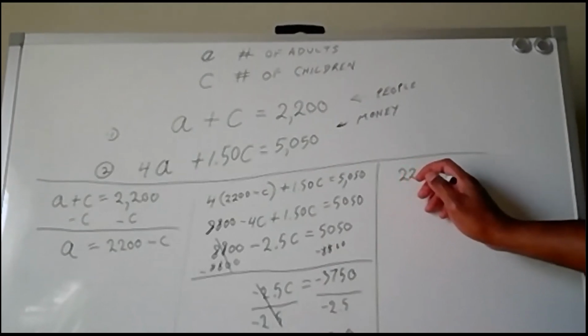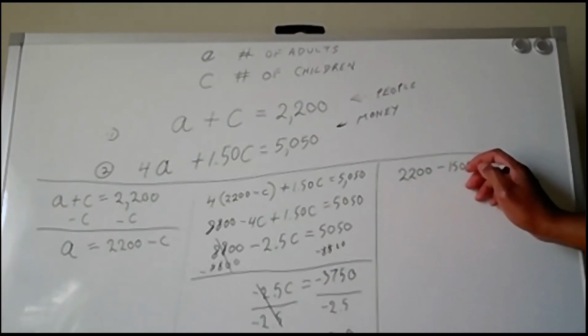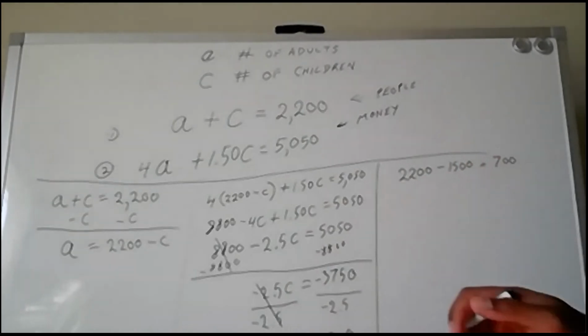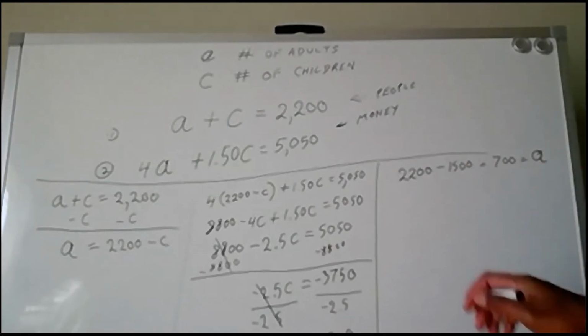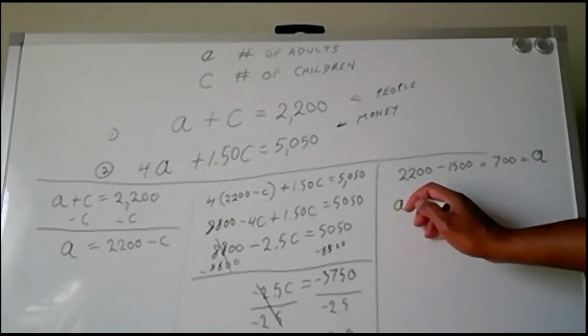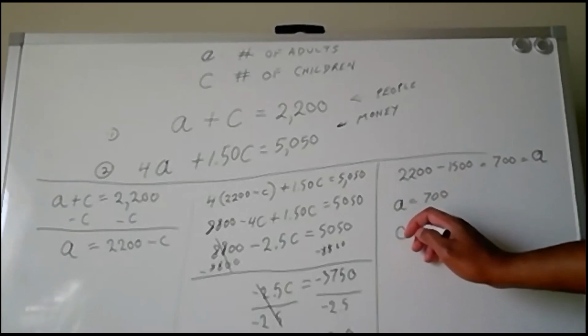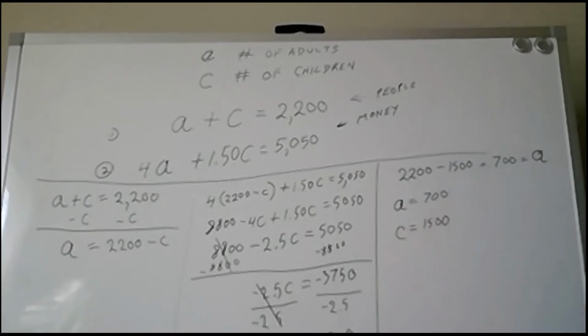So 2200 minus 1500 should give you 700, which is equal to A. So A, number of adults, is 700, and C, number of children, is 1500. Okay, and that's your answer.